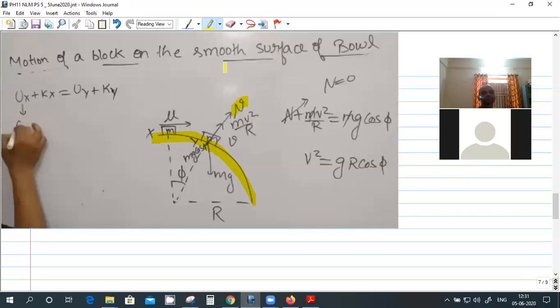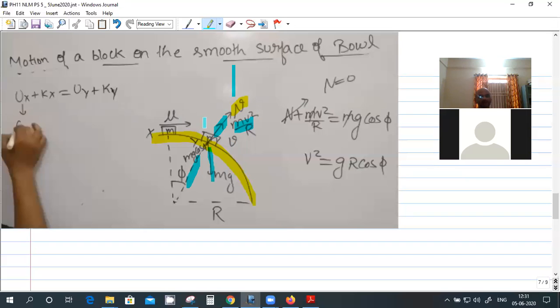The forces acting on this mass are the weight mg, the centrifugal force mv square by r, and then the normal reaction. These are the three forces. So this mg, I can take a component in this direction. When this component force matches with mv square by r, the normal reaction will be 0. That is the point at which it will lose contact.